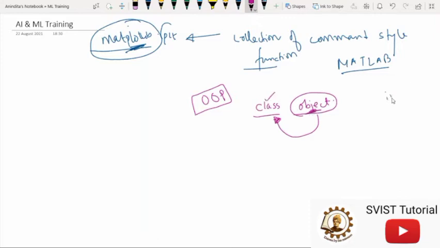Whenever I write int i, i is the variable and int is the data type. So here also the object is the variable, and the class is the data type of an object. So it's a very basic concept of object oriented programming. This situation is known as an object being an instance of a class, or you can say an object is a variable of type class. So this is the concept.